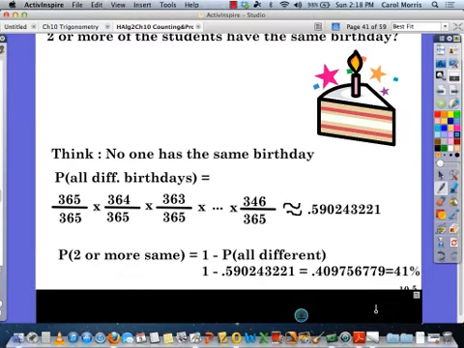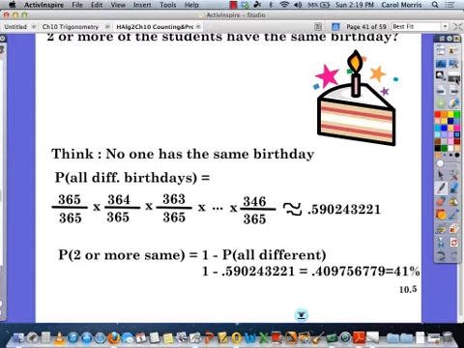We already have the math done. 1 minus that decimal, and we get that 41, and that 41% should be what we need to finish. All different, 59. 2 or more the same is 41. So we use a complement idea to get our solution here.